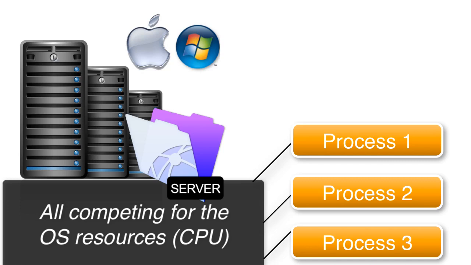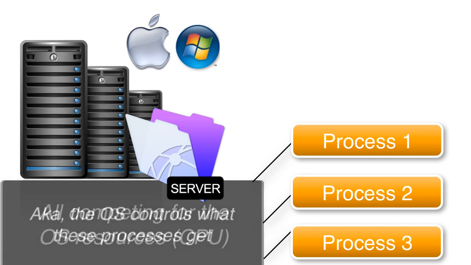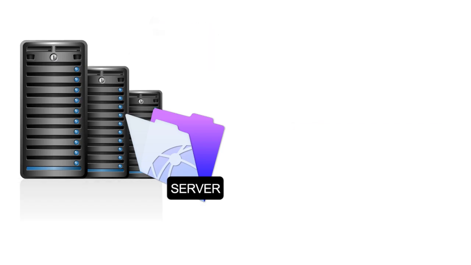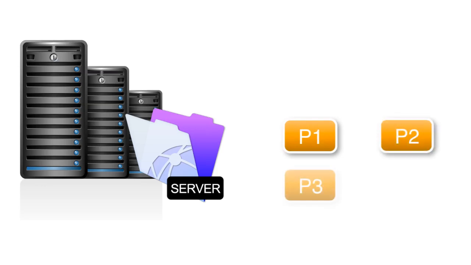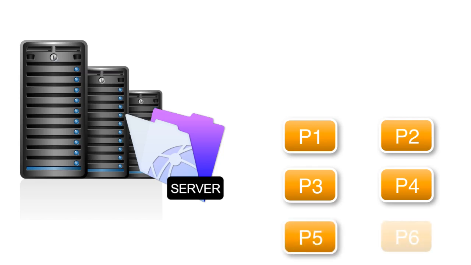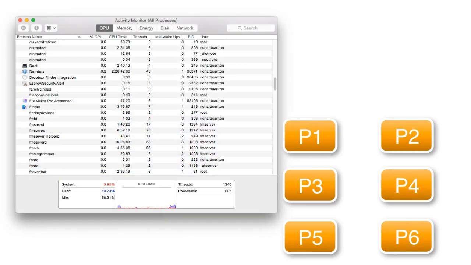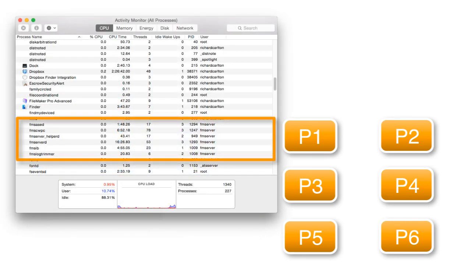And the thing to remember is it is actually the operating system that controls what these different competing processes get. FileMaker Server normally is running 6 or 7 processes, and these are separate things doing separate parts of the service that this runs. So if you look on the activity monitor, you'll see them as different services or processes running under Windows, under OS X.